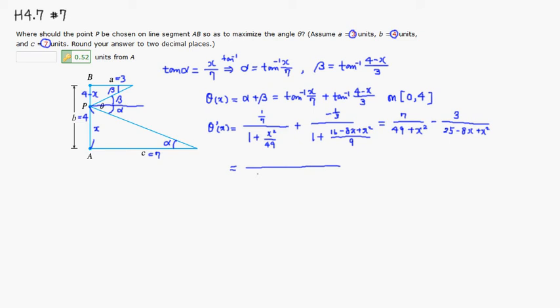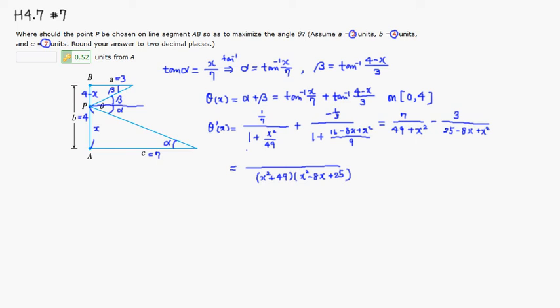You're going to get x squared plus 49, that's a positive quantity, and then you have x squared minus 8x plus 25. Then you have to multiply 7 by x squared minus 8x plus 25.